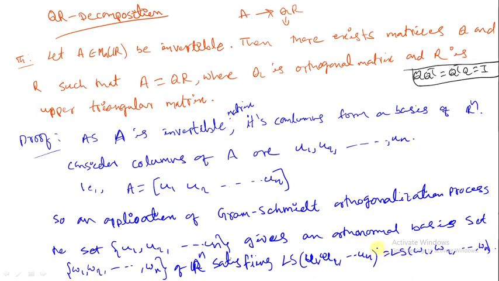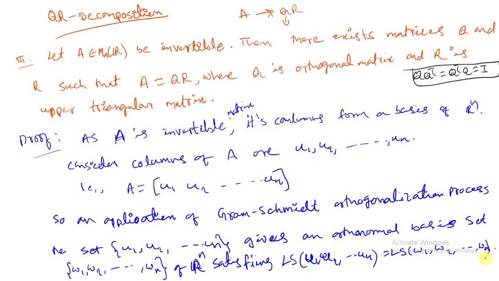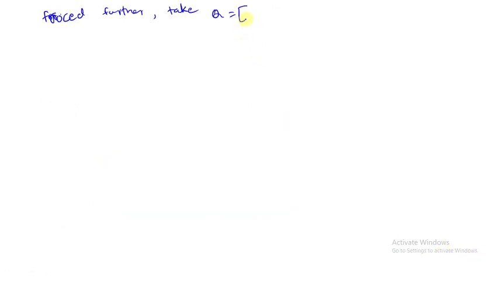Now proceed further. Take Q equal to the orthonormal columns w1, w2, and so on up to wn.